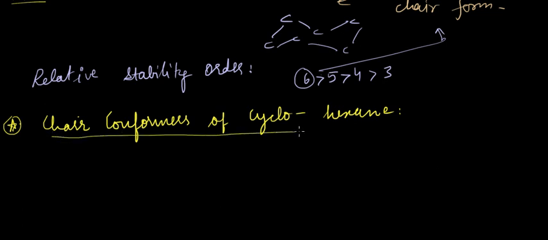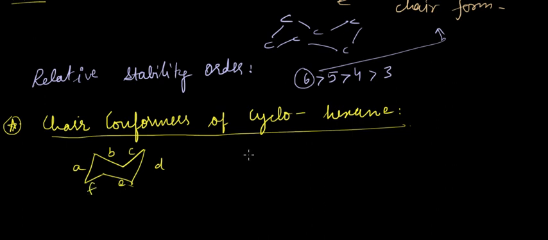If you see the structure of cyclohexane, it is something like this. So in this case suppose this bond is A, this is B, C, D, E, F, then A is parallel to D, B is parallel to E, and F is parallel to C.